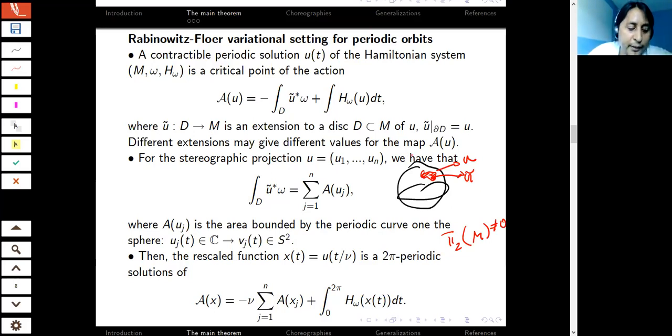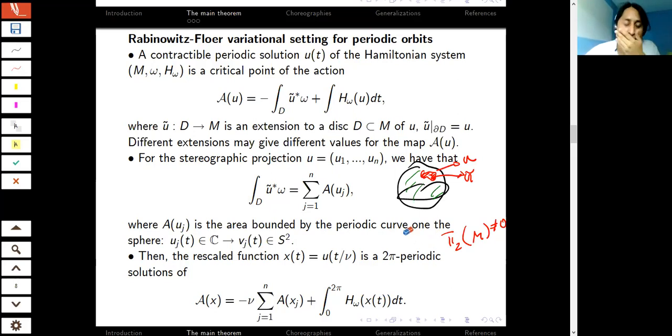For example, in the case of the sphere, I can have the extension which is the complement of that domain. In that case, the functional A can have different values depending on the different extensions. But once I choose one extension, everything works fine.